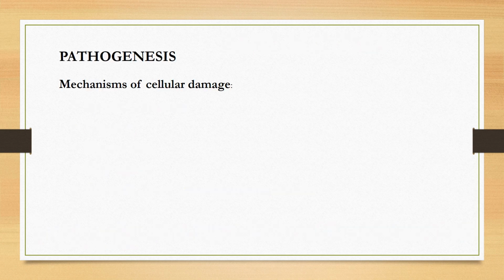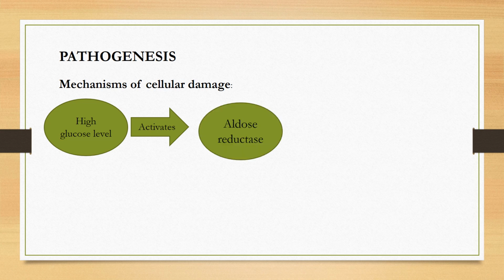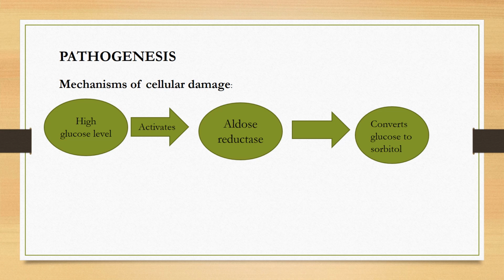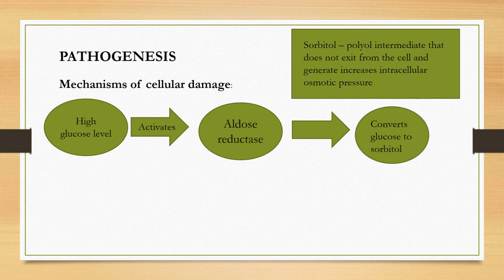Coming to the pathogenesis, whenever there is an increased blood glucose level, it stimulates aldose reductase to convert glucose into sorbitol. Sorbitol increases the osmotic pressure of a cell.